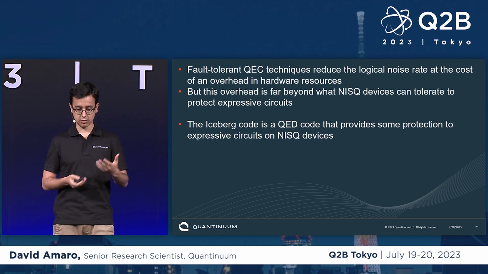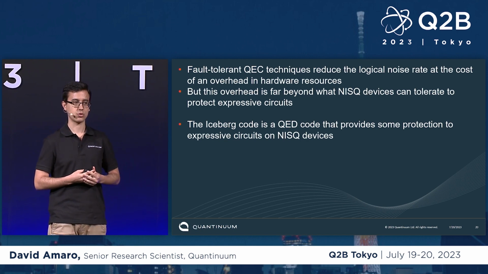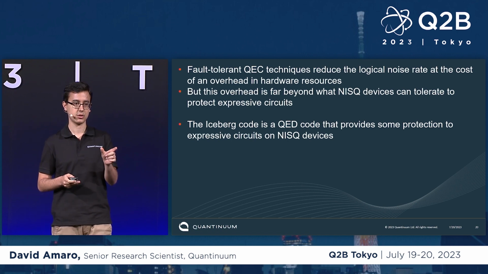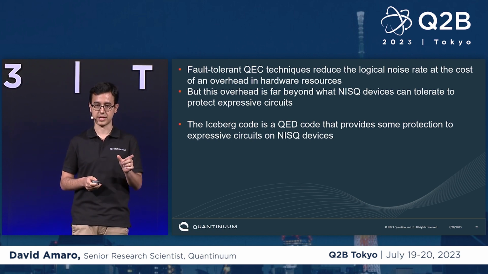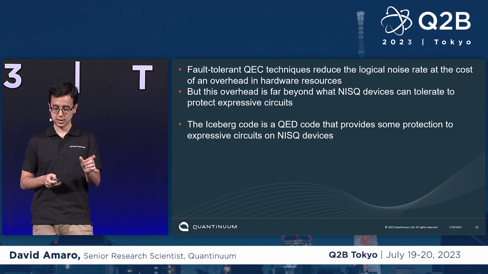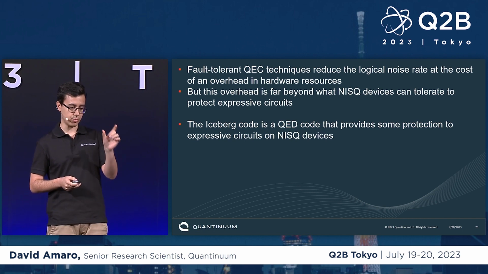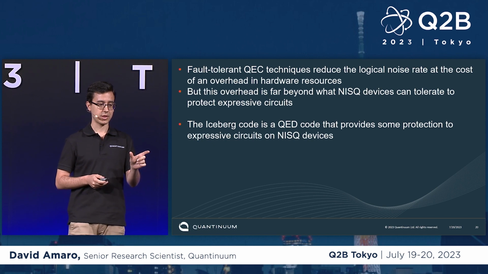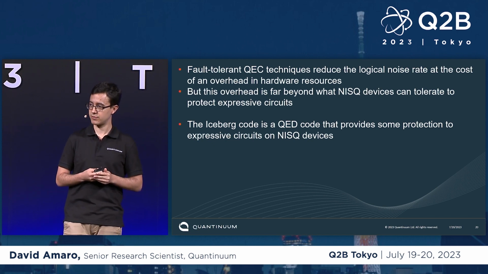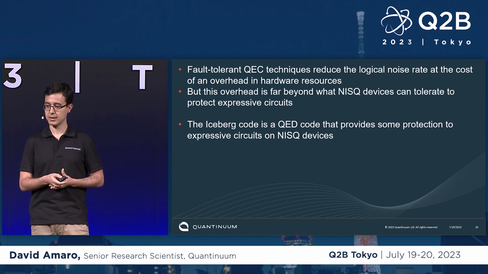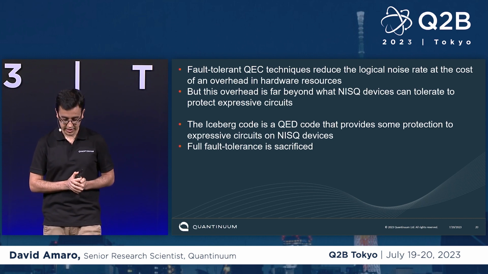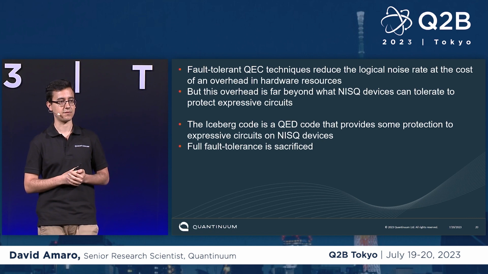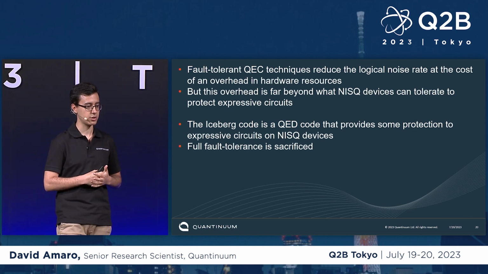So that's what we tried with this iceberg code, to bridge this gap. We tried to add a minimal amount of protection using the techniques from quantum error correction that will be able to protect our circuits on NISQ devices without adding a crazy amount of overhead. The key was to sacrifice some fault tolerance, in this case the fault tolerance of the logical operators.